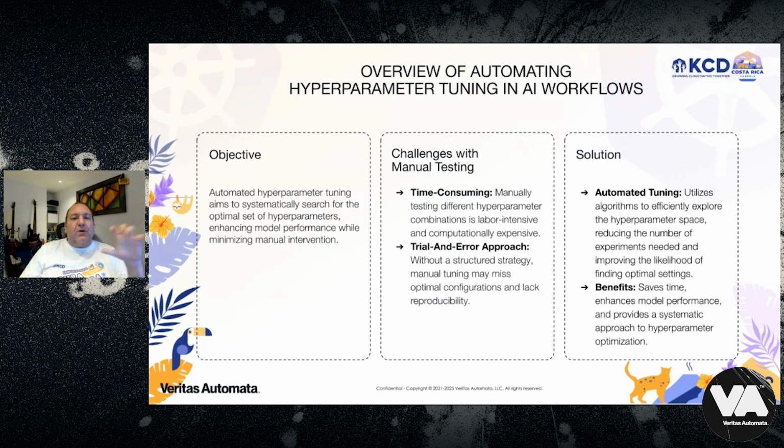So here, think about machine learning and AI, they have similarities. The hyperparameter tuning aims to systematically search for the optimal set of hyperparameters. The enhancement of the model performance will be the effective result, and you will not have manual intervention. What is this manual intervention related to? Trying. So think about you have learning rates and you put a 1 manually and you see the results in a chart.